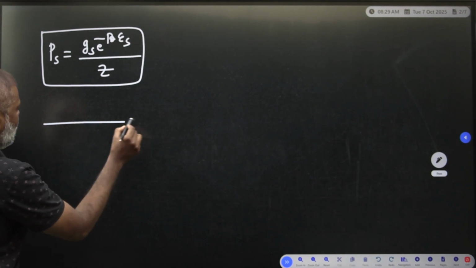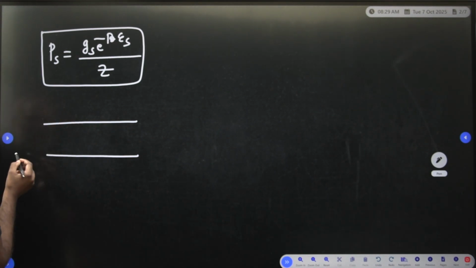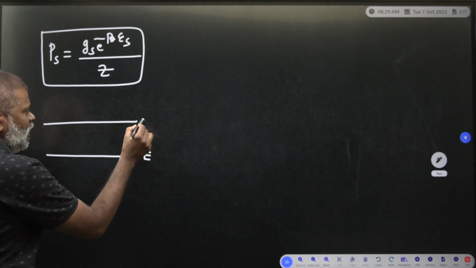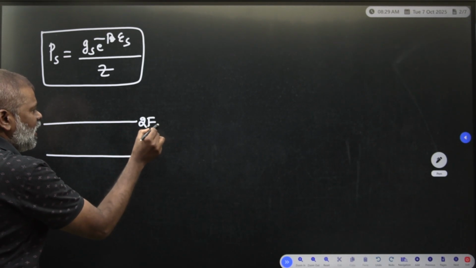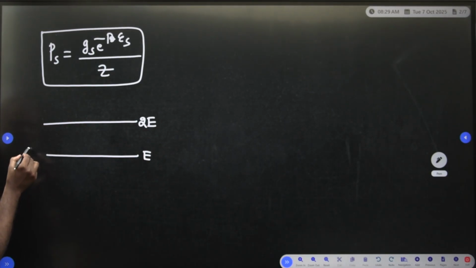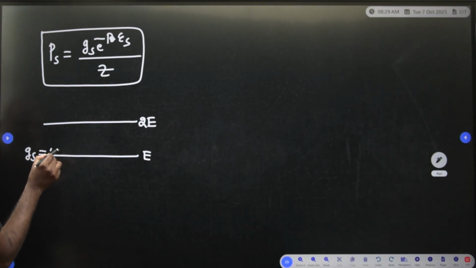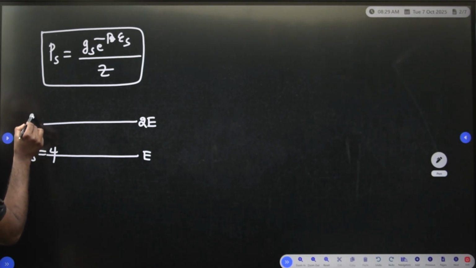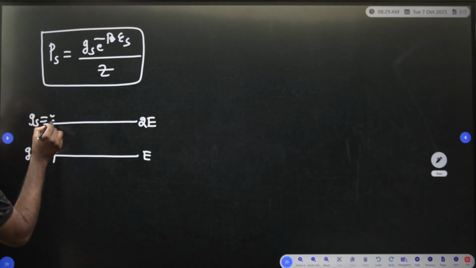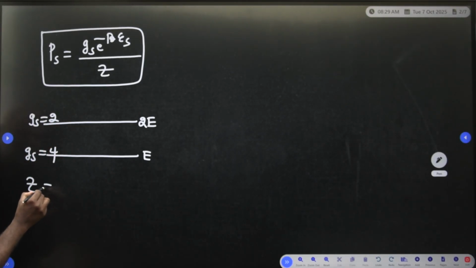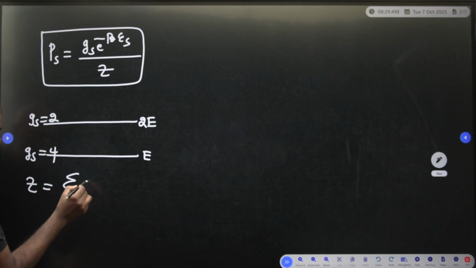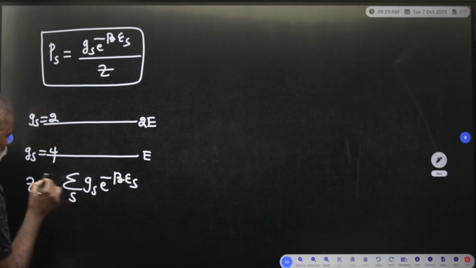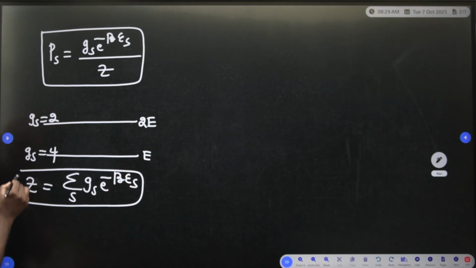For our energy levels, the lower energy level has energy E, the upper energy level has energy 2E, the degeneracy of the lower level is 4 and the degeneracy of the upper level is 2. The partition function is the summation over s of gs e to the power of minus beta Es.